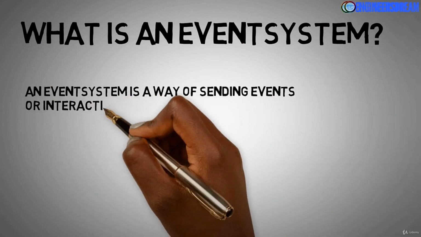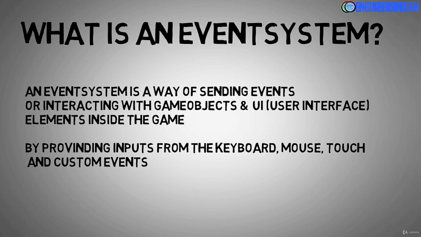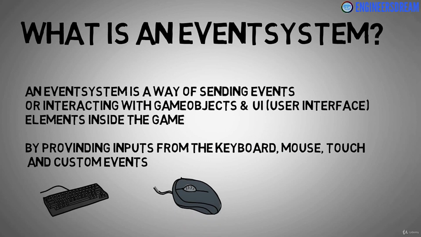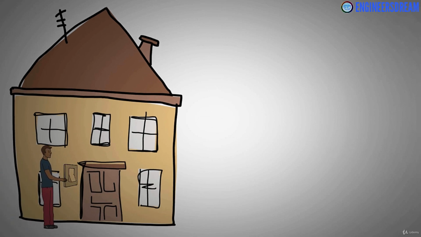So an event system is a way of sending events or interacting with the game objects and the UI elements inside the game by providing inputs with a keyboard, mouse, touch or custom events. Let me explain this with a very simple example. Suppose a stranger is standing outside a house. To make people inside the house aware of his presence, he will basically press the doorbell button.